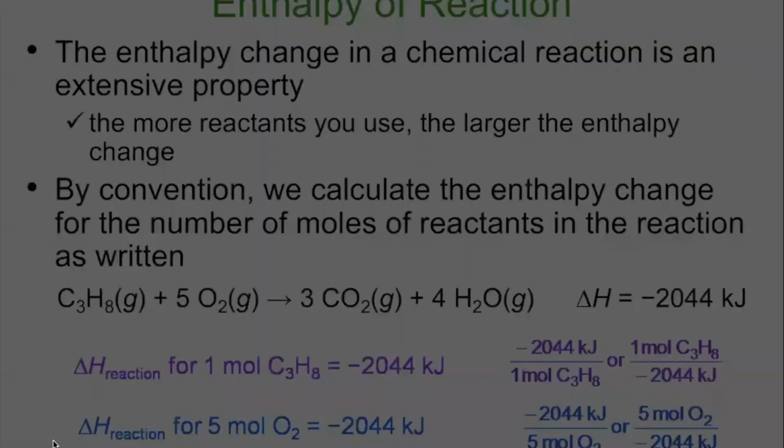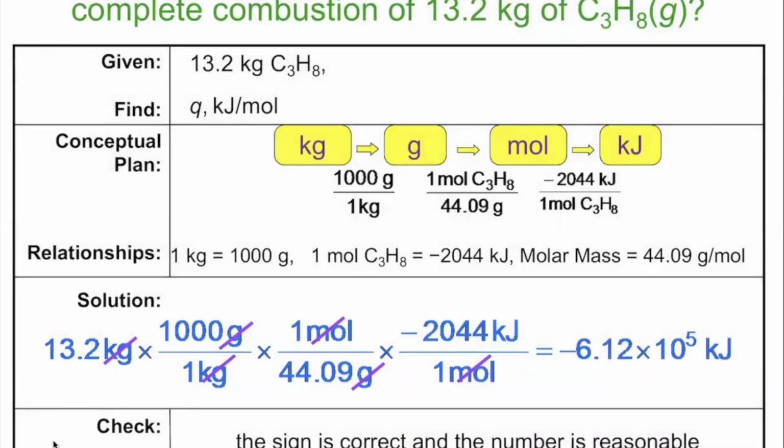So let me explain how your exam question will be. How much heat is involved in a complete combustion of 13.2 kilograms of this compound? The first thing you're going to have to realize is that you will be given how much energy. Let me write the equation here so you can see what I'm talking about.